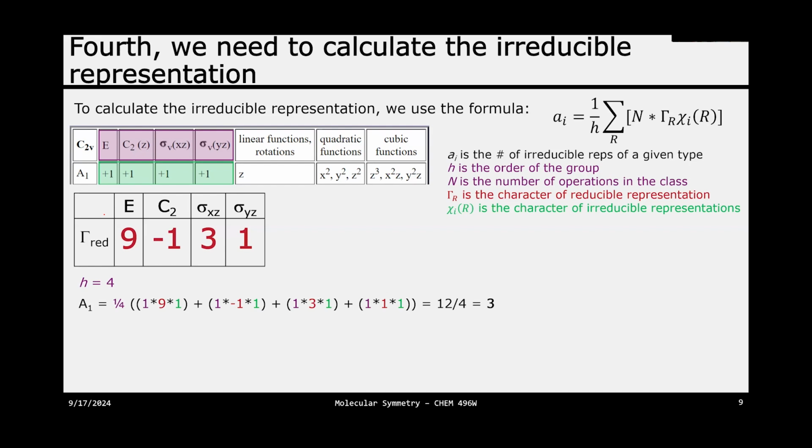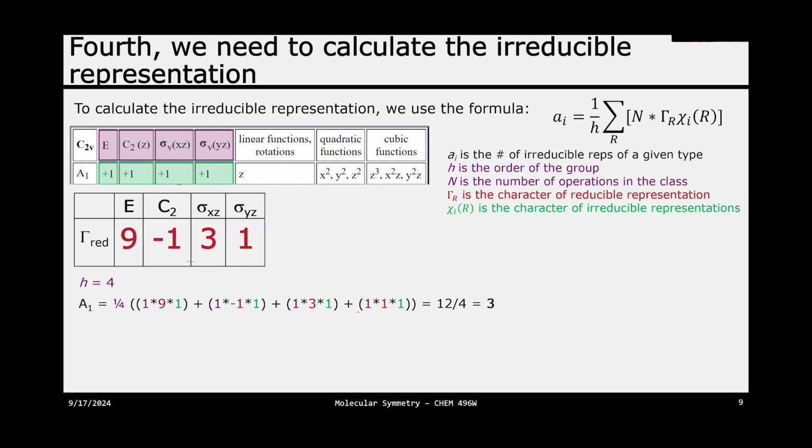So going on to C2, again, we only have one C2 operation, so that's why there's a 1 in front. If we look into our reducible representation, it's -1 for C2. And if we look at the character in the table, it is +1 for C2 and A1. We move on to our sigma XZ. Again, they're all going to be 1 for this one. I only showed it here because sometimes things aren't 1, but 1 for the number of operations, 3 for the reducible representation, 1 for the character in the table.